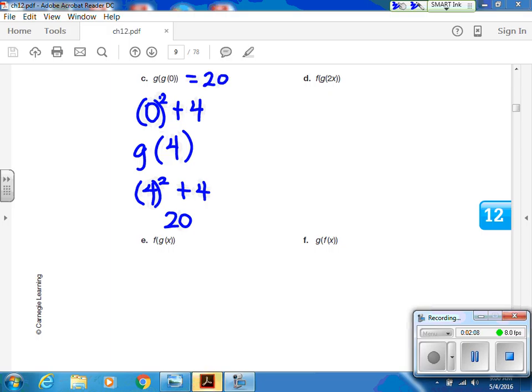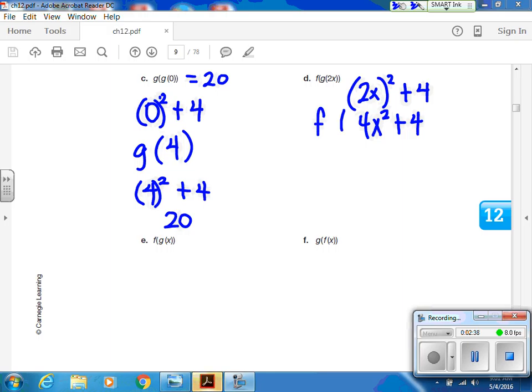Right. Very good. Alright, f of g of 2x. I'm going to put 2x in everywhere I see an x. So that's going to be 2x squared plus 4. What's 2x squared? 4x squared. Right. Can I add 4x squared and 4? No, they're not like terms.